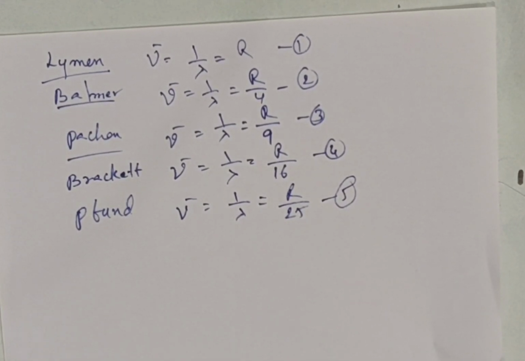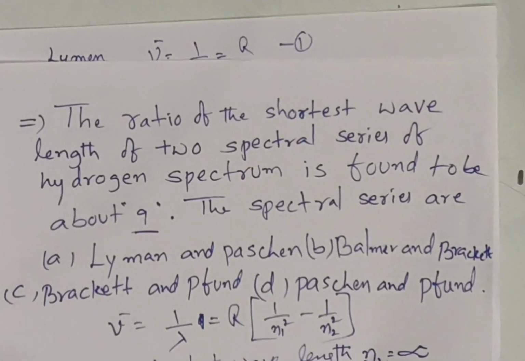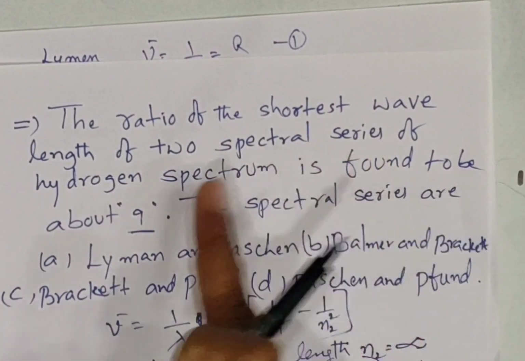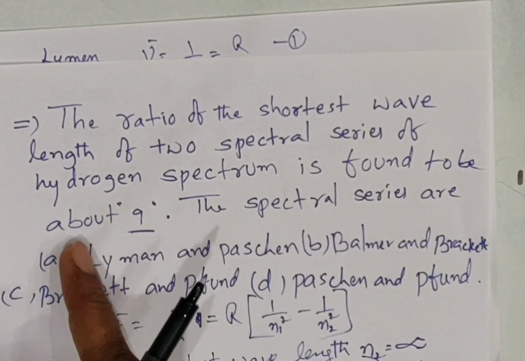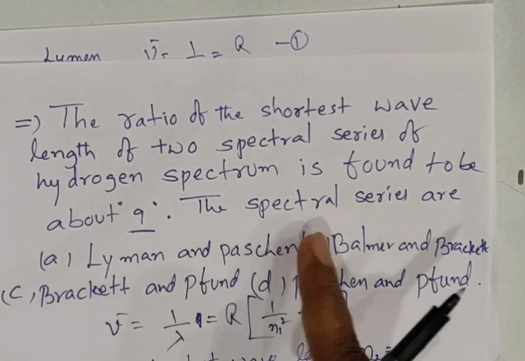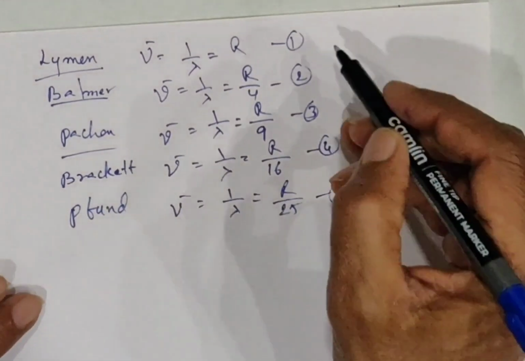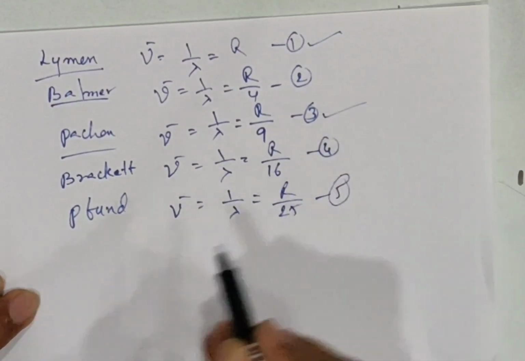Now here in the question, the ratio of the shortest wavelength of 2 spectral series of hydrogen spectrum is found to be about 9. The spectral series are, that's why you have to take the first one and the third one.